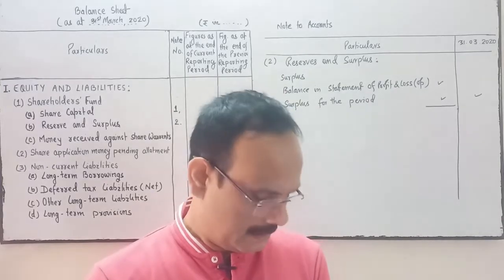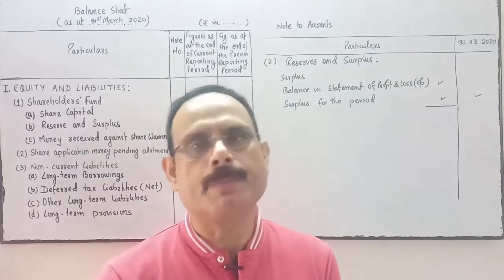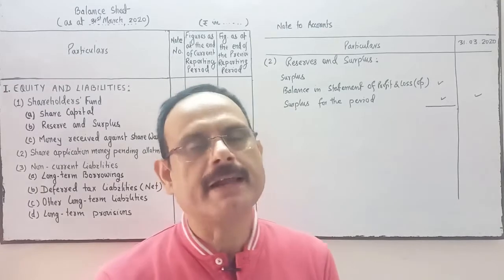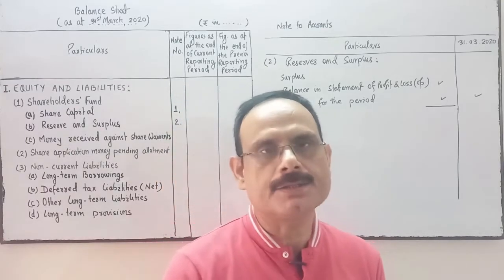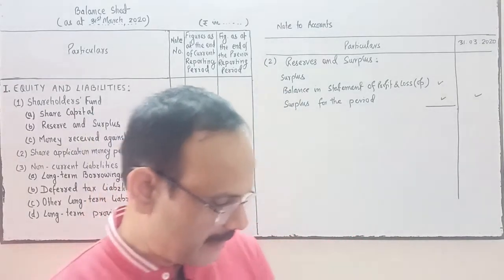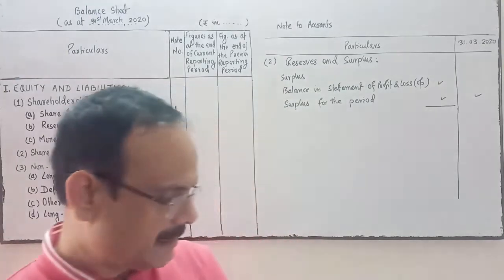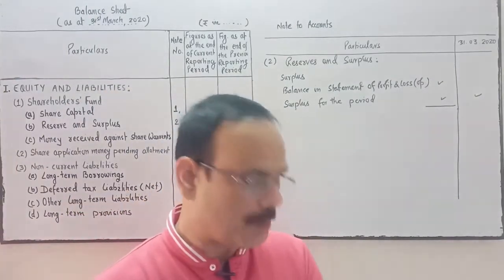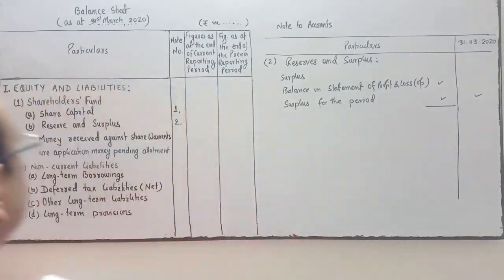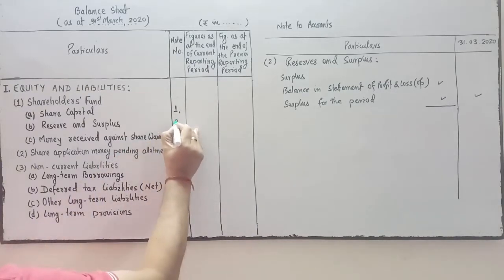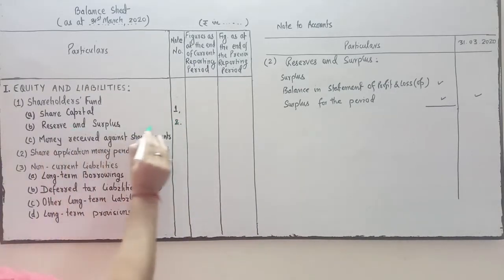Olympus Limited has an opening debit balance of 5 lakhs in reserve and surplus as balance of the statement of profit and loss. Suppose it's note number 2, reserve and surplus, note number 2.